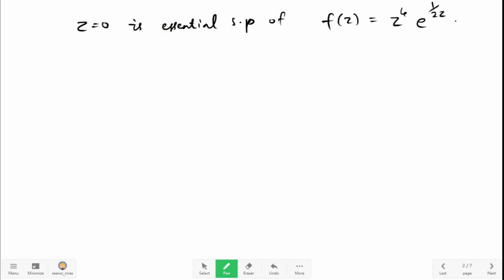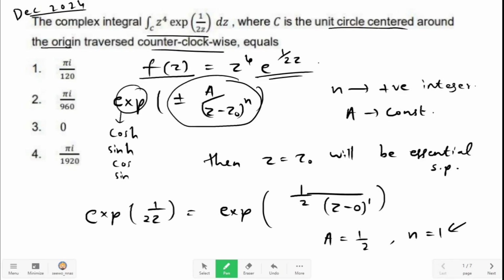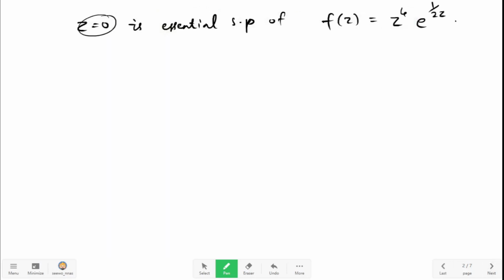Now this singular point z equal to 0, whether it is lying inside the contour or not, that you have to check. The contour given is the unit circle centered around the origin and the singular point is z equal to 0. Of course it lies inside the contour and the direction is counterclockwise. So if the direction is counterclockwise, then the integral I will be equal to 2 pi i times the sum of residues of all the singular points which lie inside the contour.